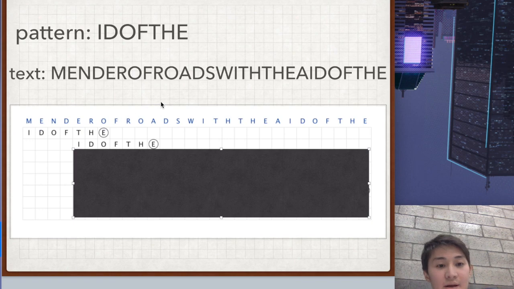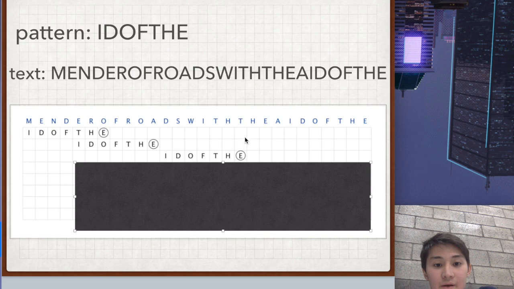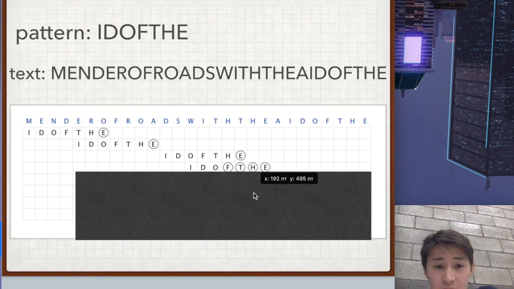It would look like this, and we again compare A with E. It isn't equal, and A is not in our pattern, so we shift 7 positions to the right, like this, and then here we see T, and we have T in our pattern, so we shift our pattern until it matches.